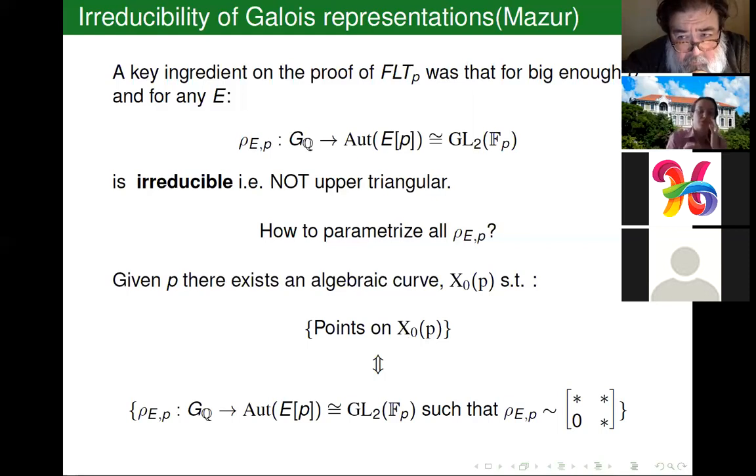I'm going to say a few more words here about X0(p). What is X0(p) for somebody who's not familiar with it? It's an algebraic curve, meaning that it has a Diophantine equation that is defined over the rationals, or even integers if you want.